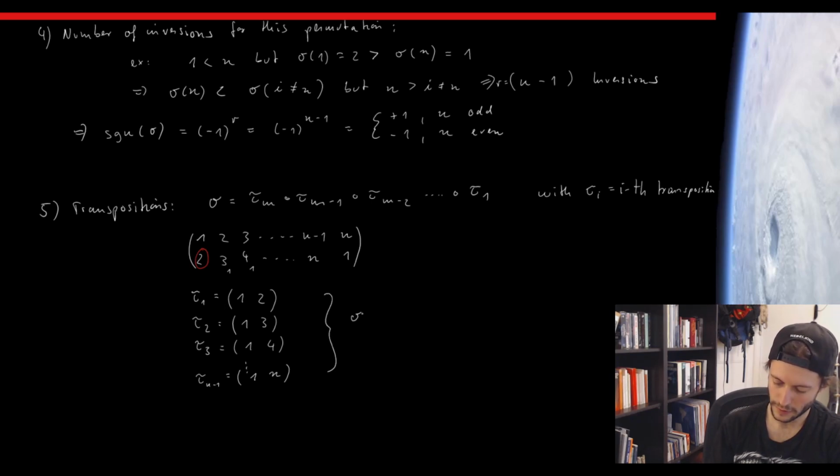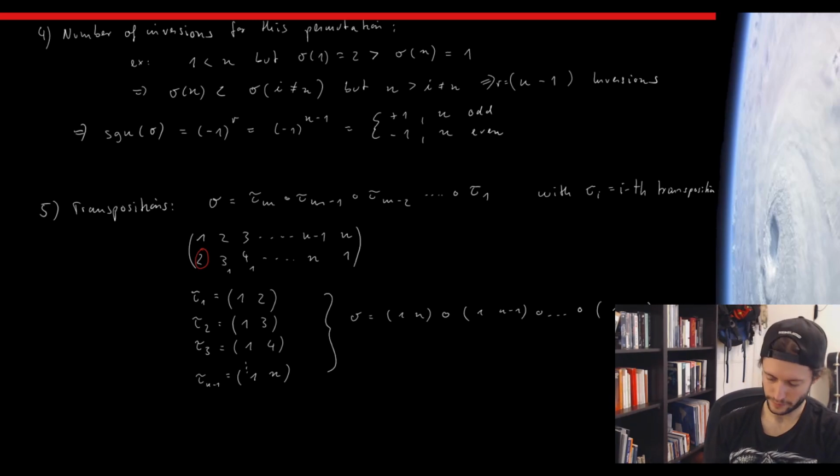So sigma equals (1 n) composed with (1 n-1) and so on, composed with the first one to start with, (1 2).